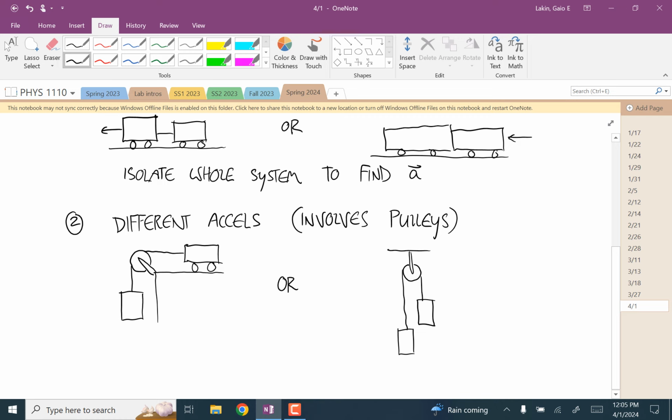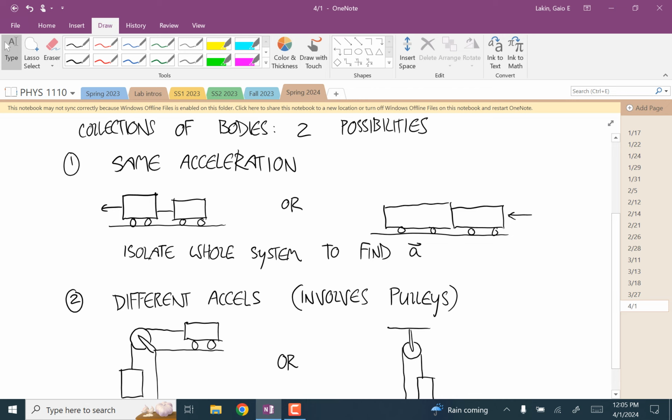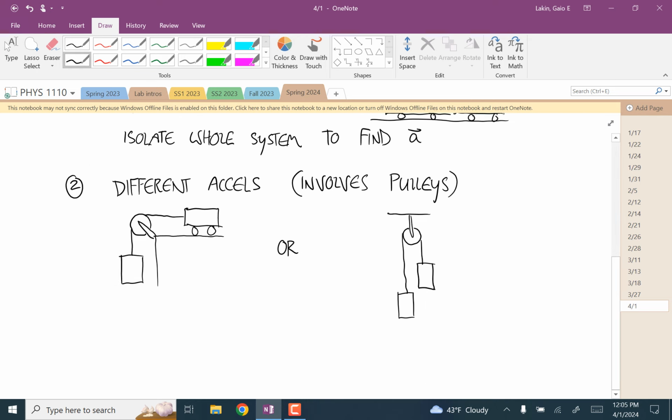Okay. And so what do I mean when I say the acceleration is different? If you look at these in that first category, whatever the acceleration vector of one of those two bodies is, that's the acceleration vector of the other one too. That's not the case here. Like for the one over here on the left, that mass is going to accelerate in the negative y direction.